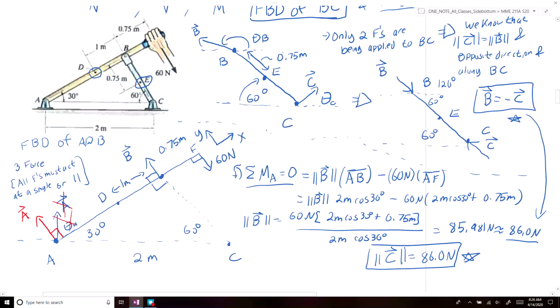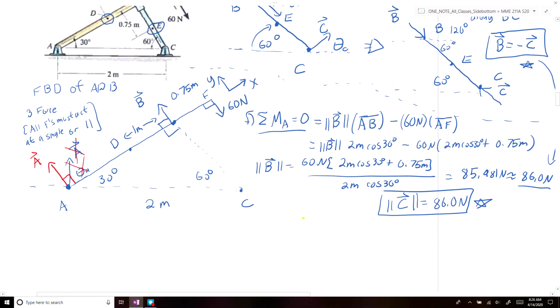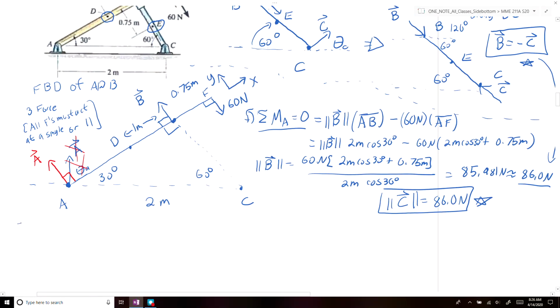All right. So now we can solve for force at A. To find the force at A, we're just going to sum all of our forces in the y direction and set that equal to 0 on this diagram.